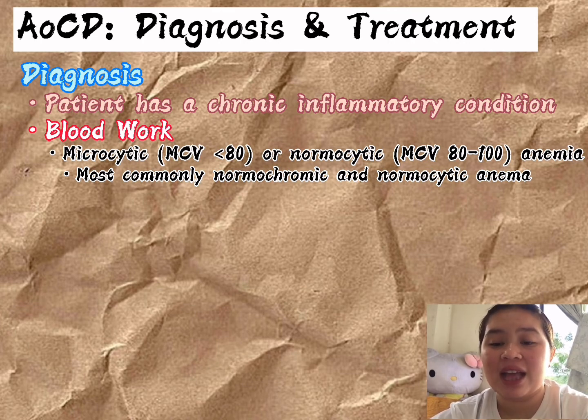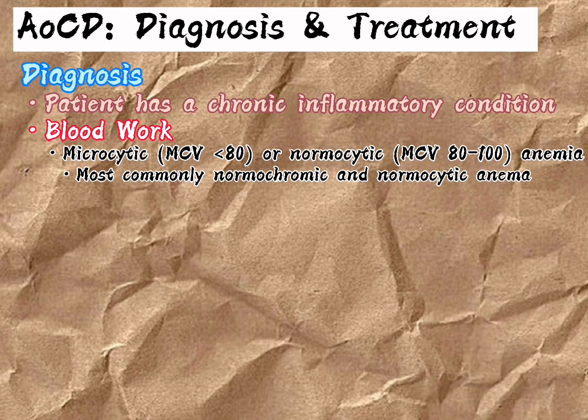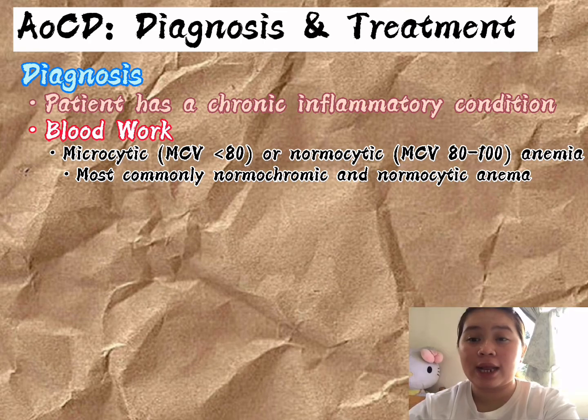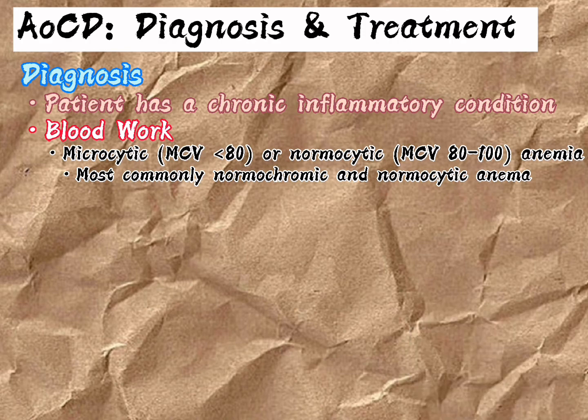If it's greater than that, or greater than 2/3 the diameter of the RBC, that would be hypochromic anemia, which is not commonly found in anemia of chronic disease. That would be something we might see in iron deficiency anemia. Anemia of chronic disease is more likely going to be normocytic and normochromic.